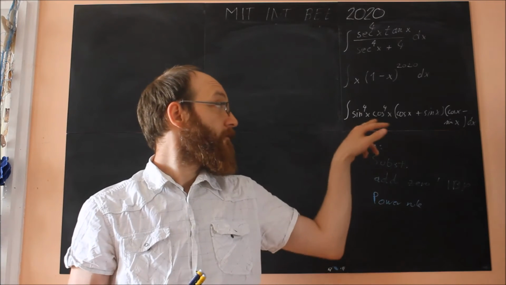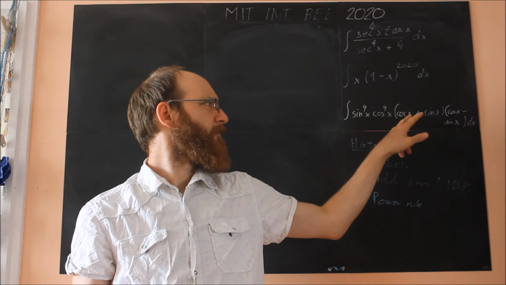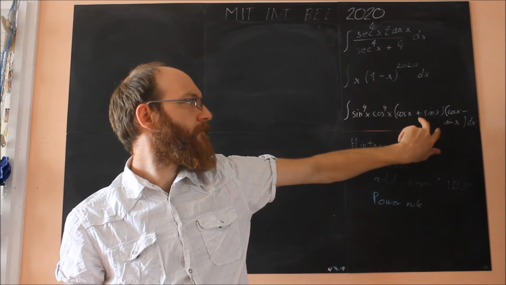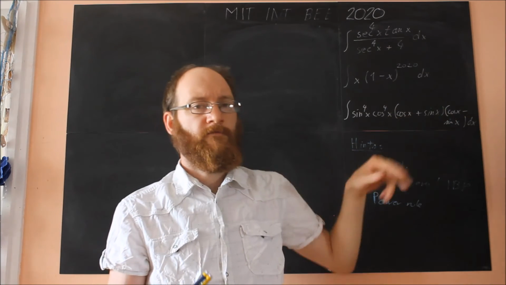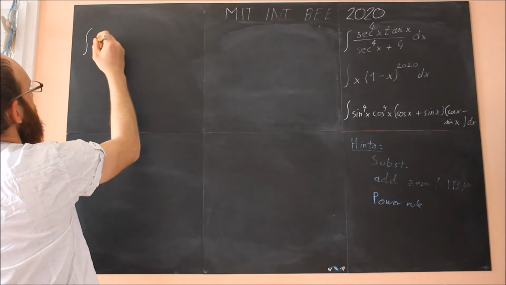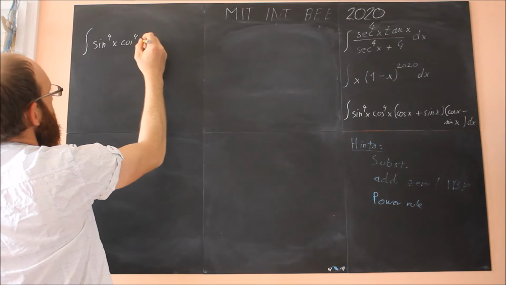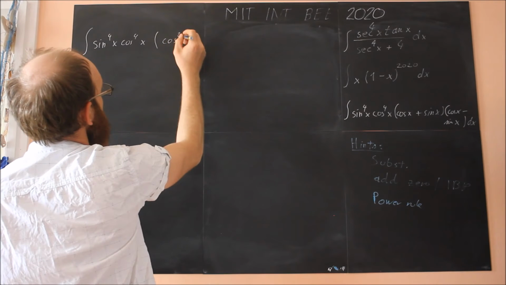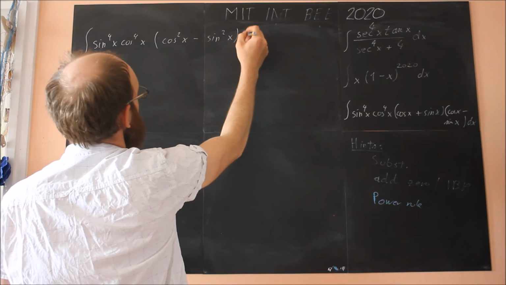Let's start with the third integral, and my first step is here I want to distribute the last two factors, so we get sine to the fourth, cosine to the fourth, times cosine squared minus sine squared.